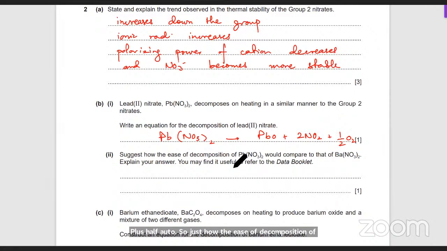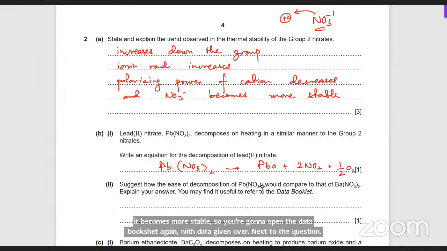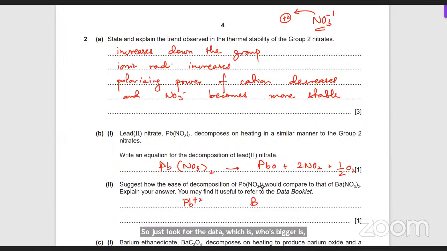You have to compare which one decomposes more easily. As ionic radius increases, it becomes more stable, so you open the data booklet and look for the data: which is bigger, lead or barium?